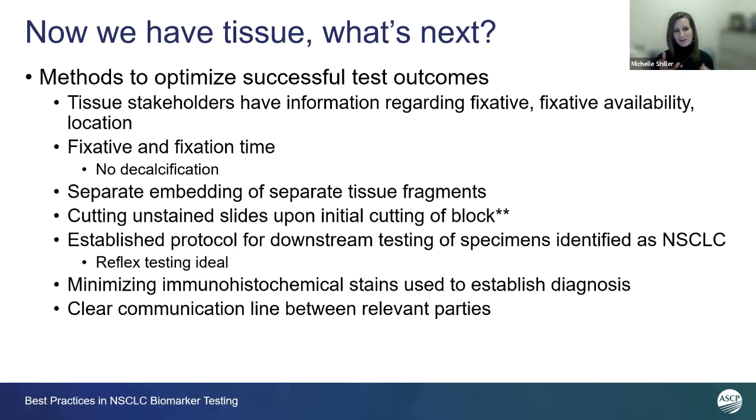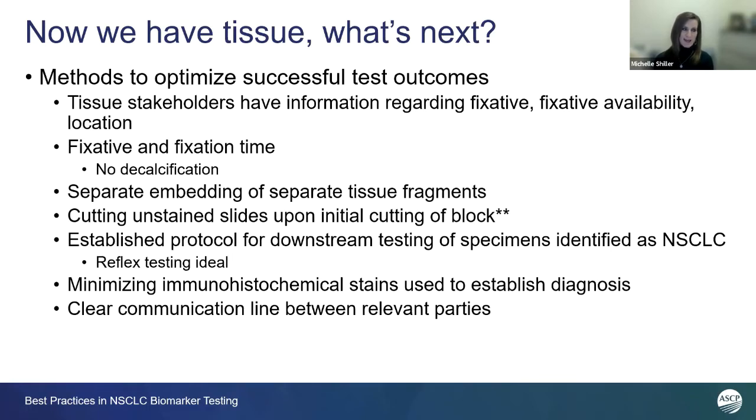So once it's been fixed and gets cut that initial time, we cut 15 slides, 1 in 15 gets stained, and then we have 13 unstained slides to work with. That helps increase the utilization of the tissue without having to go back into the block and reface.